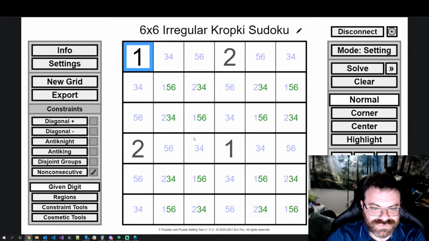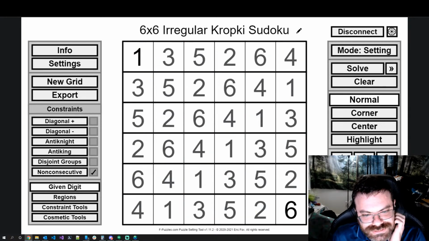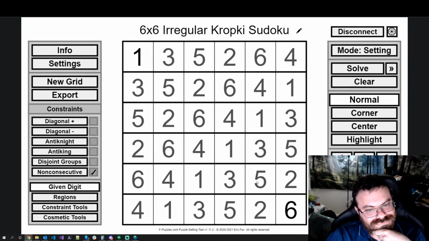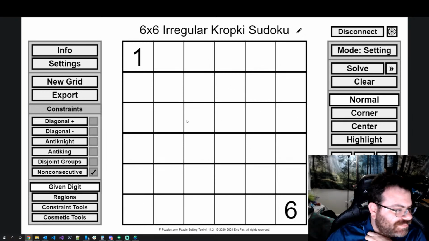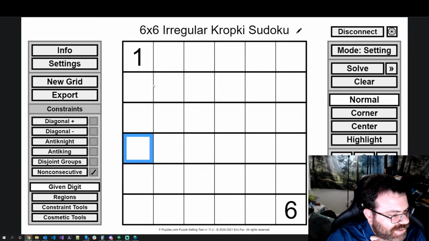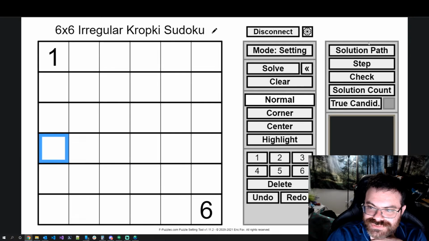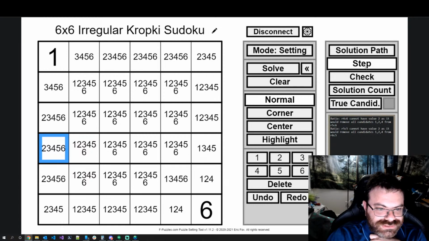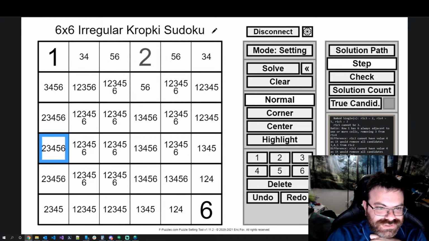So now you can give a 1 here and a 6 here. So if I turn off my two candidates and clear it, this has a unique solution. I wouldn't try to solve it. I mean, I'm sure you could solve it, but I'm not going to do it right now. We could try it, see if the logical solver does do it. So you can watch it do its thing.